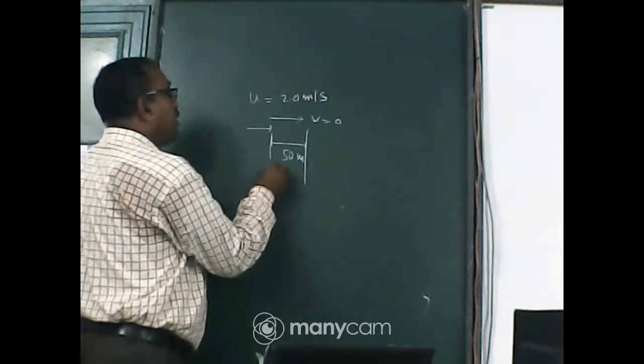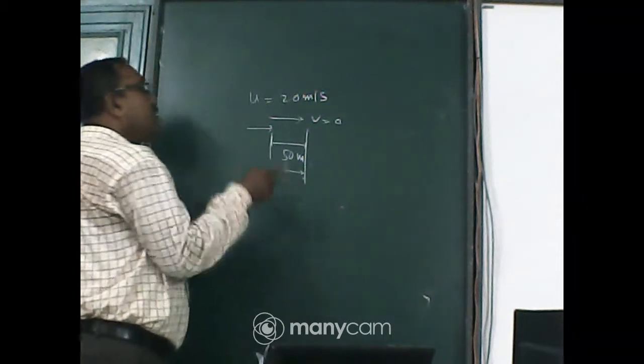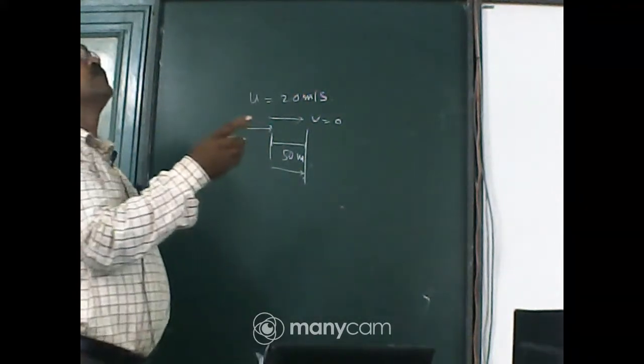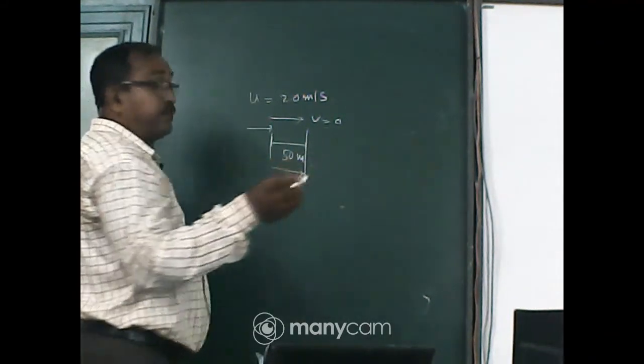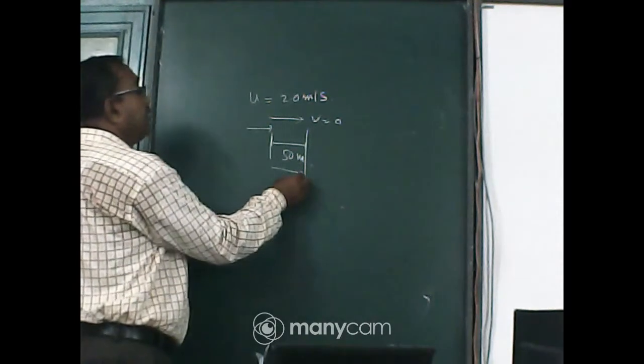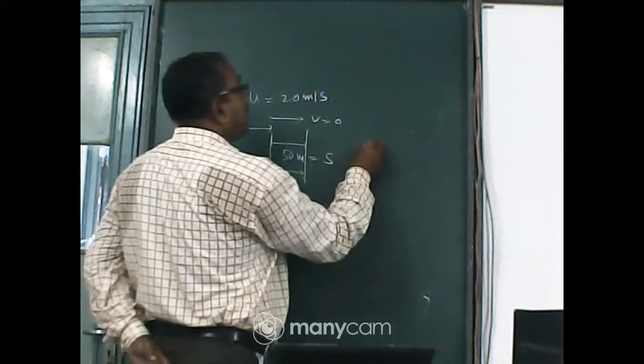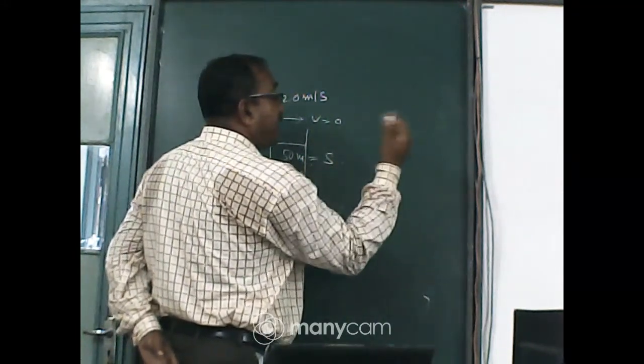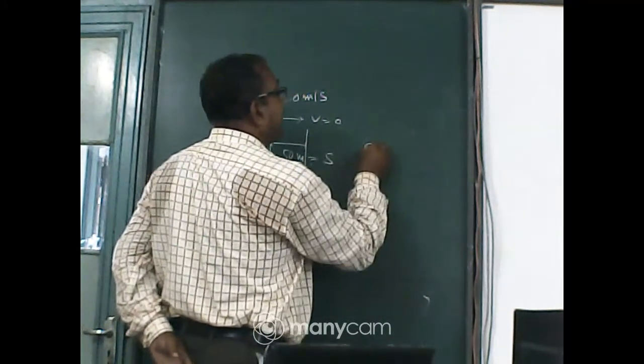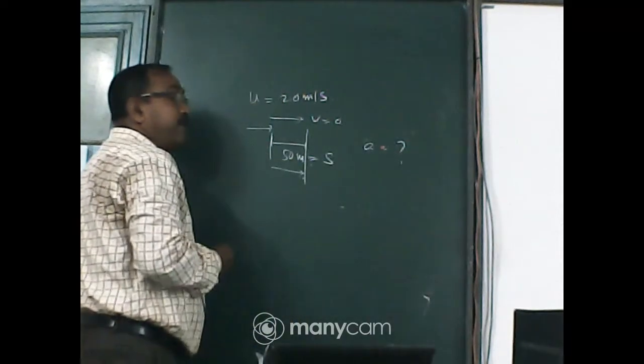It will just stop at the child, so S equal to 50. You find out the deceleration, means retardation, means negative acceleration. What will be the value of it?